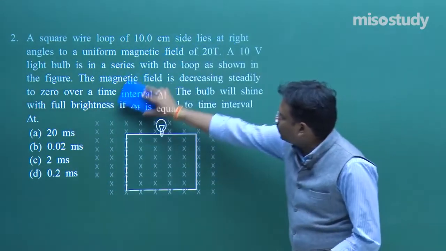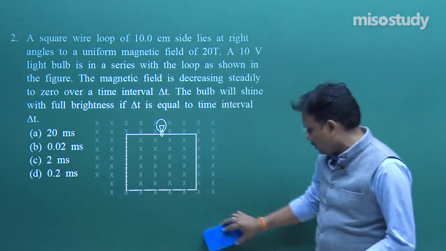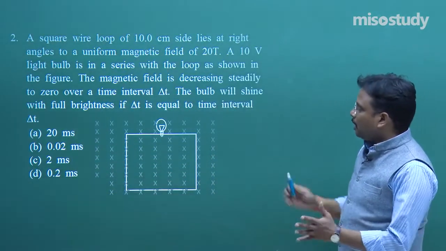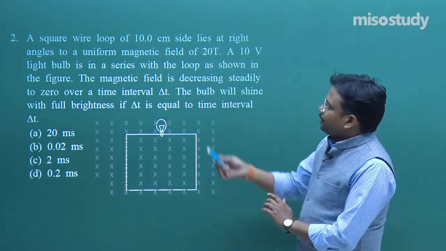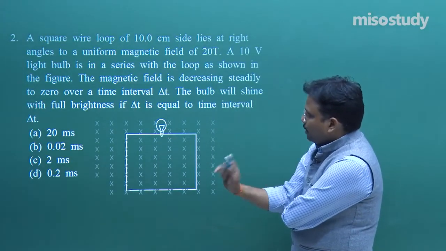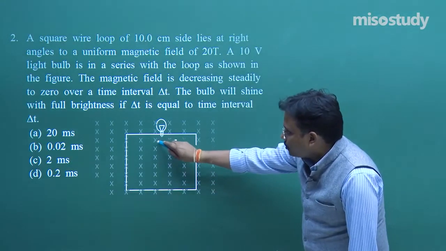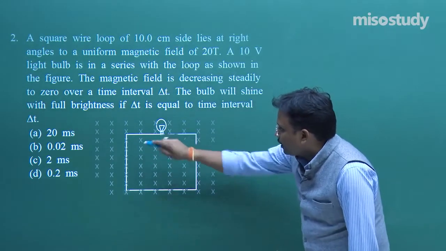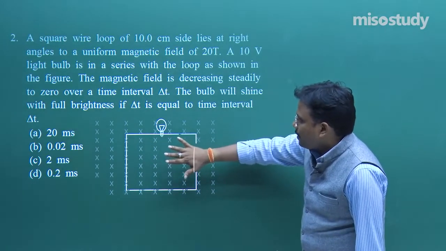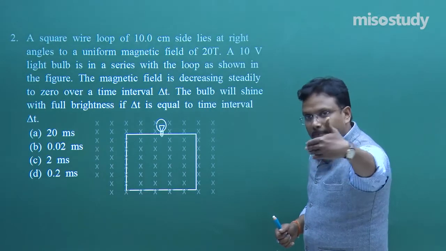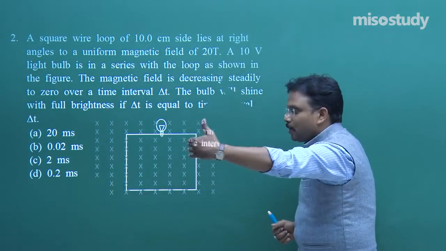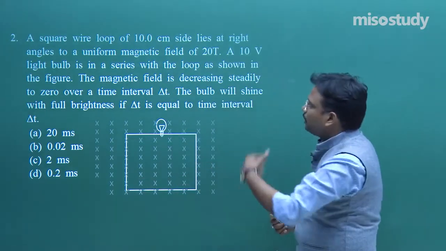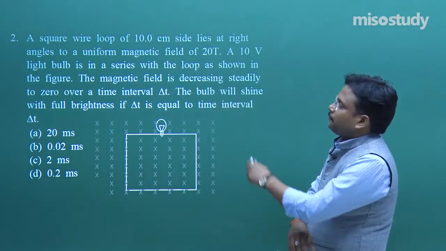Initially I thought I'd draw the diagram on the board freehand, then I thought this is a much better way of representation. See, just try to understand what is mentioned. Actually these crosses are nothing but the representation of a magnetic field which is perpendicular to this green board, going inside. Fine, a general symbolic representation. Let us start from there.